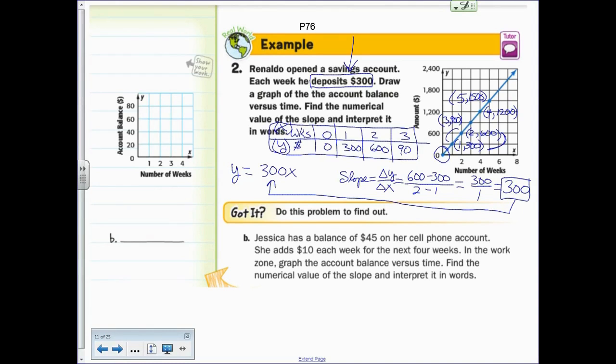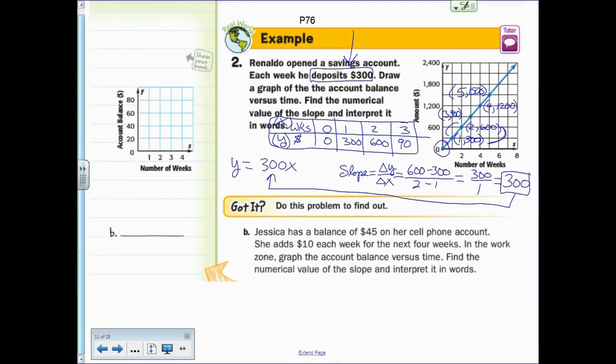So $300 is the unit rate. $300 is the constant rate of change. 300 is the slope. They're all the same. In a proportional situation, they are all going to be the same. Because this is a linear function, they are all the same.